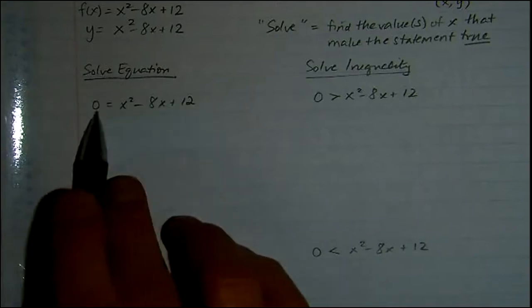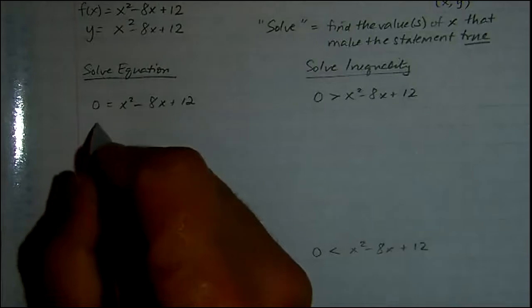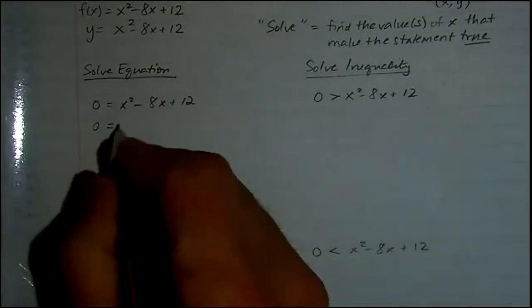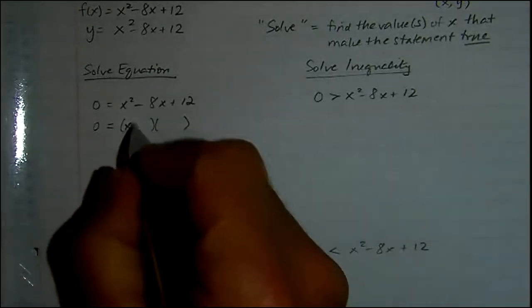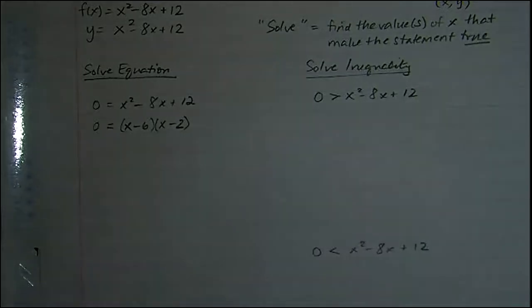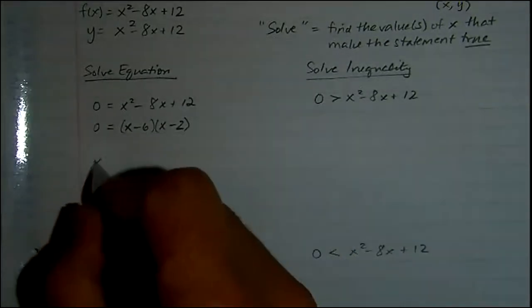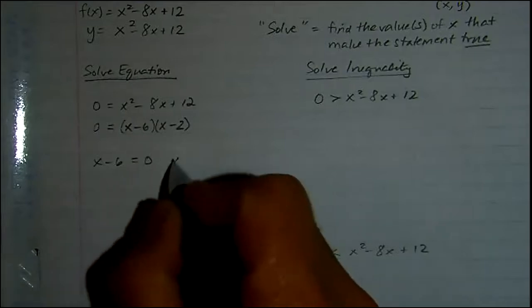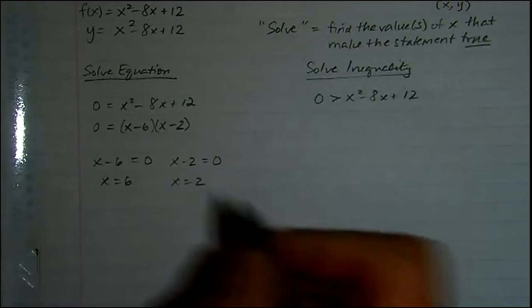So this equation right here is a quadratic equation, and you've learned several methods to solve this, including factoring, which we've practiced a lot in the last week. So first thing we would try would be to factor this expression, and right, we would find this factoring works: x minus 6 times x minus 2. So we factor the expression, we get two factors that are multiplied to equal 0, and then our method when we're factoring to solve an equation is to set each factor equal to 0 and solve for x.